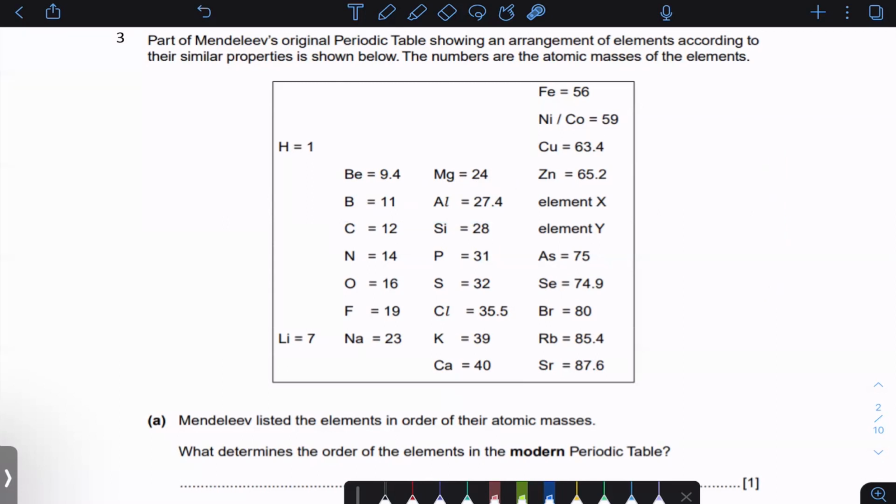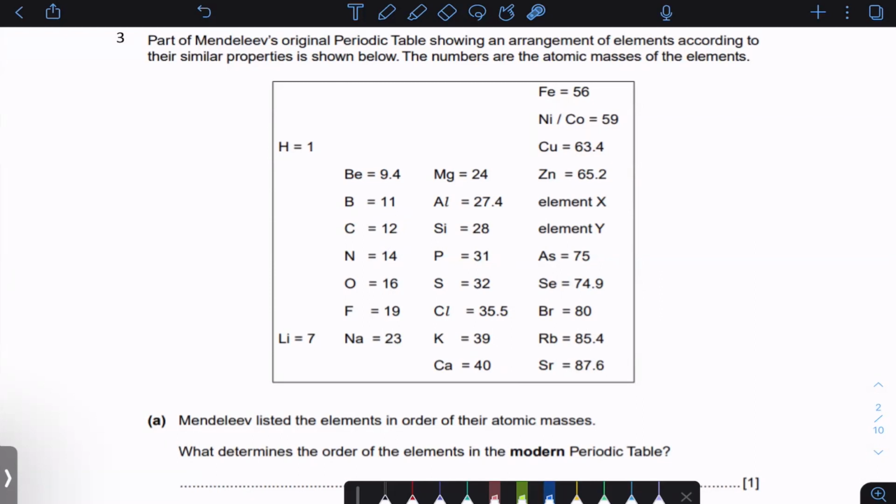Similarly, let's look at the numbers here. 11, 12, 14, 16. और इसने क्या किया हुआ है? इसने उस ऑर्डर में चीजों को अरेंज किया हुआ है. 1, 7, 9.4, 11, 12, 14, 16. उसने उनको इस तरह से अरेंज किया हुआ है that they're increasing in mass. In the modern periodic table, do we write them in order of increasing mass?